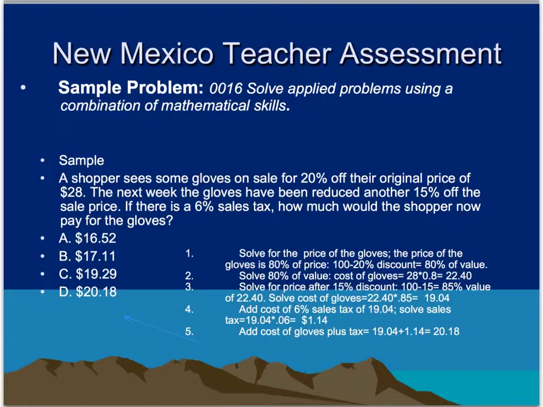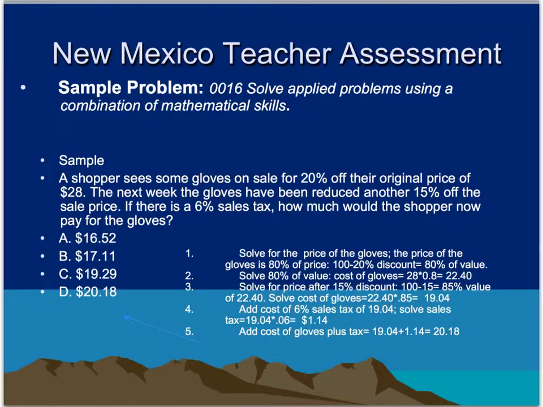So you take 100 minus 20%, which gives you 80% of the value. Convert 80% into a decimal by dividing by 100. You get 0.8. You multiply 0.8 by 28. The price of the gloves after the discount is $22.40.